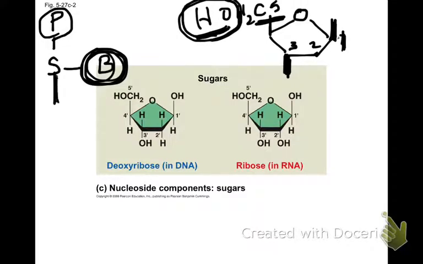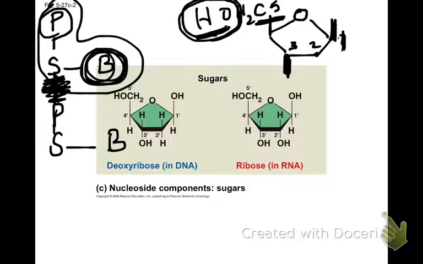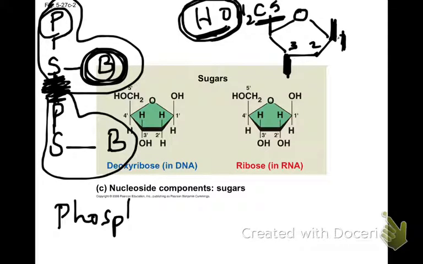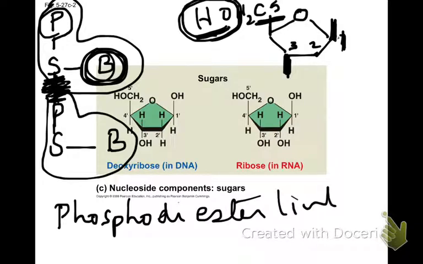Only this drop down 3 prime hydroxyl group that is ready to attach to something else. So I can attach another phosphate group containing nucleotide in this fashion. This bond between this nucleotide and the next nucleotide that came into the picture is called the phosphodiester linkage.